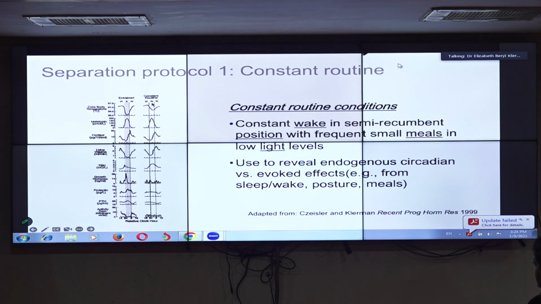Here it's just wake, and they continue being awake because they're in a constant routine. For some things, like core body temperature, being asleep makes a big change. There's a big dip in core body temperature that's greater than if you're awake. There's a dip in urine volume that's greater than when you're awake, so you don't have to get up in the middle of the night to pee.